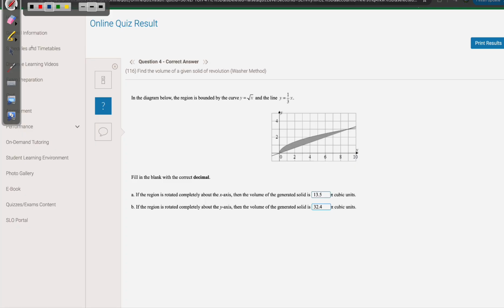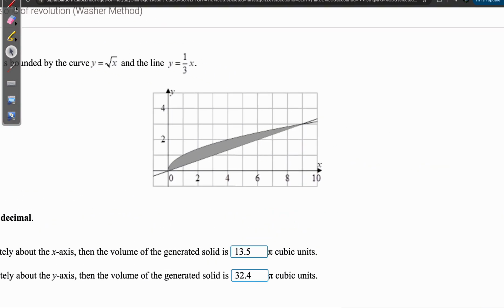Now look, here, since we have two curves, a line and a curve in this case, the rule will be pi times the integral, just say a and b are the limits. I'll call the farther one big R, then the closer one to the axis small r, right? So here, the farther one from the x-axis is the curve, so radical x.